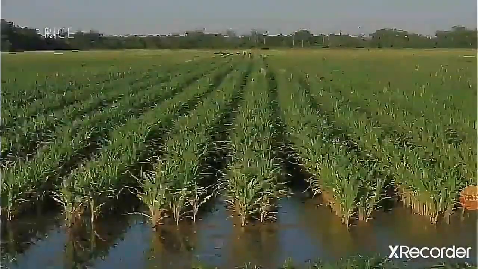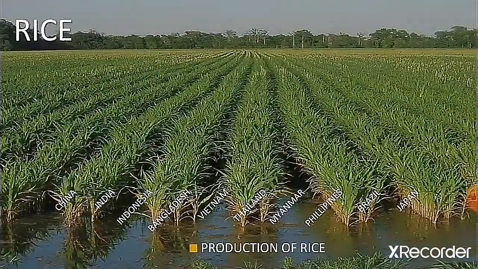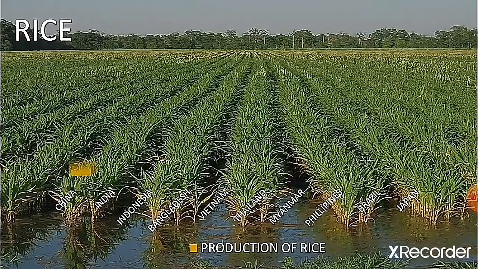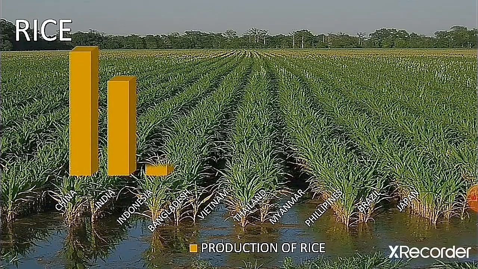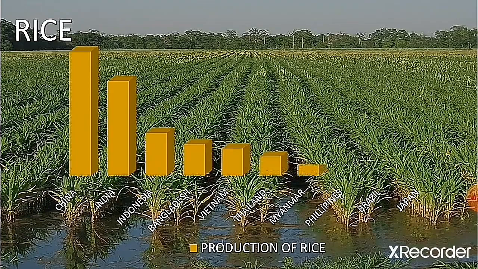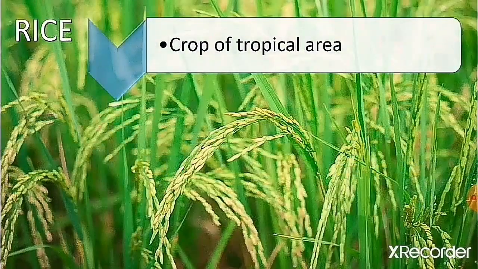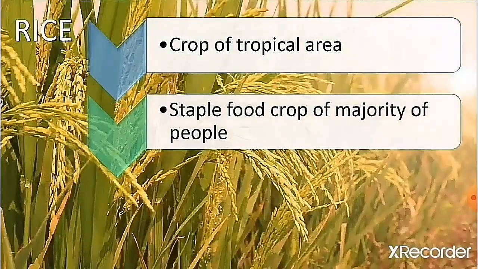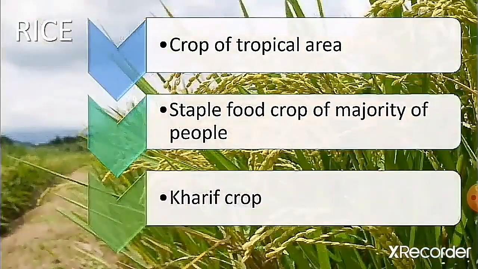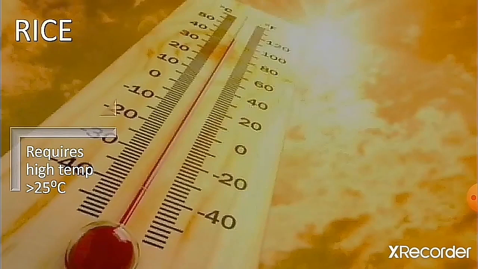Rice. India is the second largest producer of rice in the world after China. It is mainly a tropical crop and it is the staple food crop of the majority of people, and also it is a kharif crop. It requires about 25 degrees Celsius temperature for its growth.